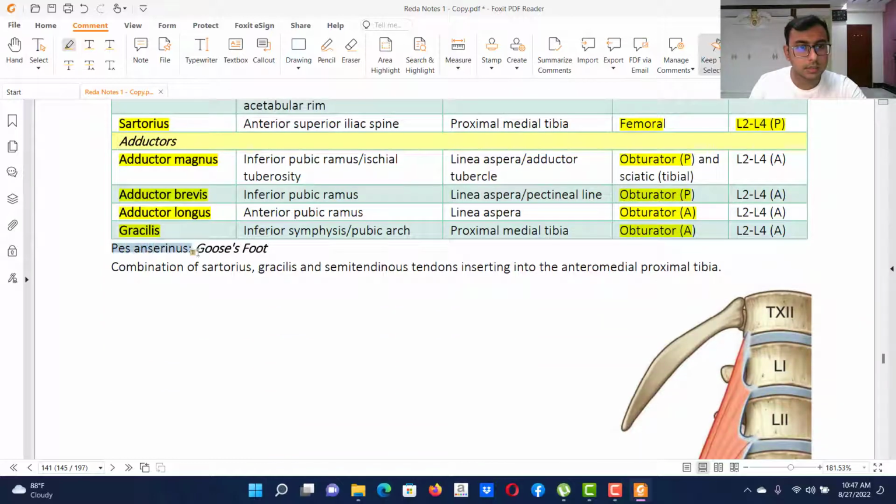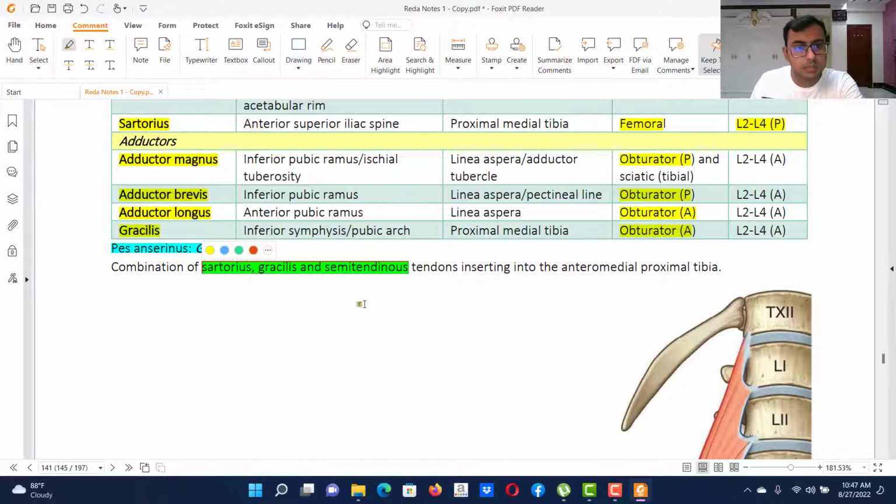Pes anserinus, remember it. That is goose foot, like a bird's foot. So three muscles are attached to the tibia like a goose foot. It's called the pes anserinus, a combination of the sartorius, gracilis, and semitendinosus.